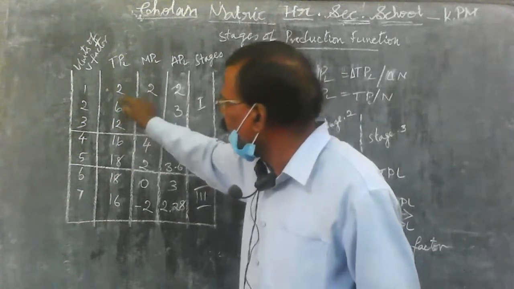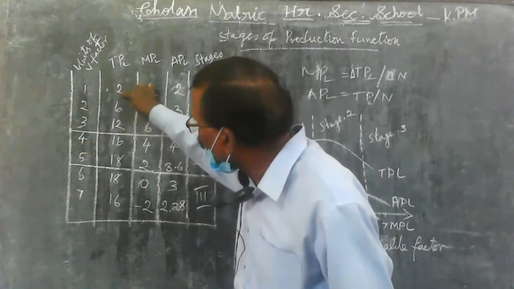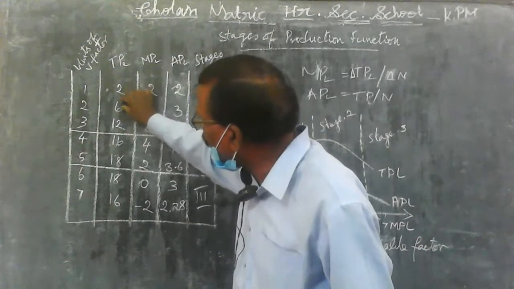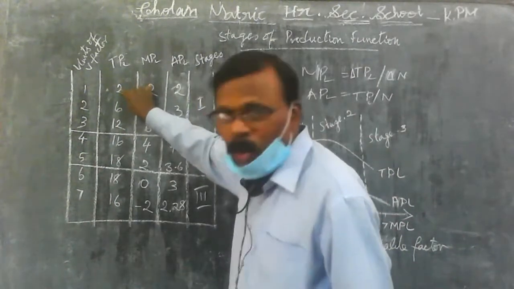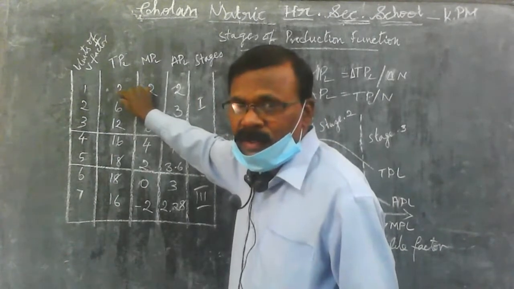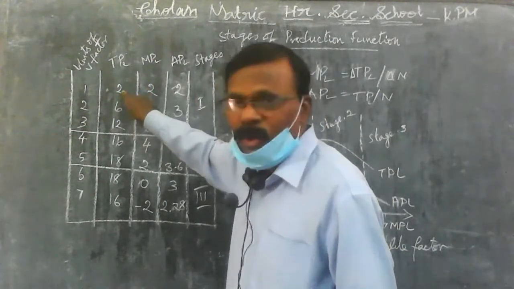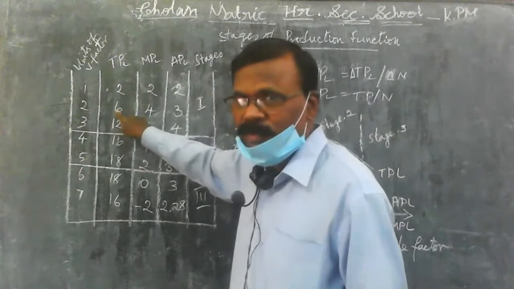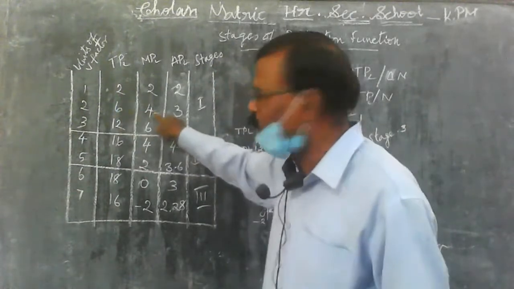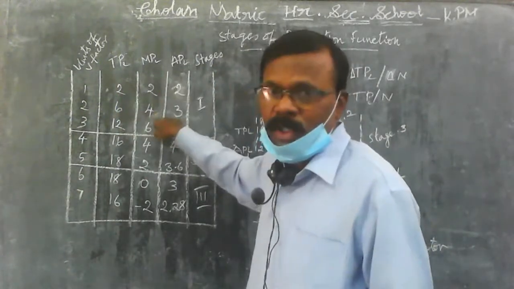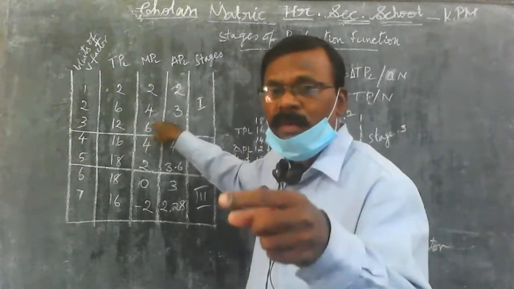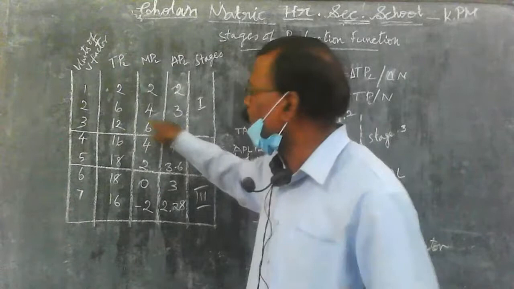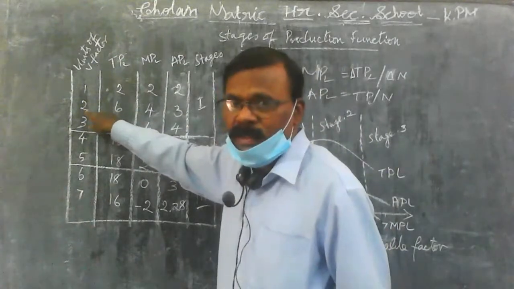So the addition made to the total product, what is the addition made here? 4 is added to 2, then 6. So what is the addition here? 4. This is called marginal product, when one more unit of the variable factor is employed. That is 2.